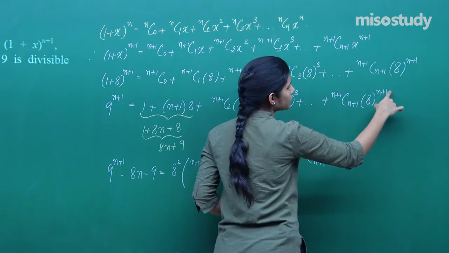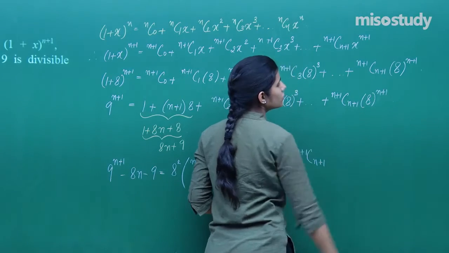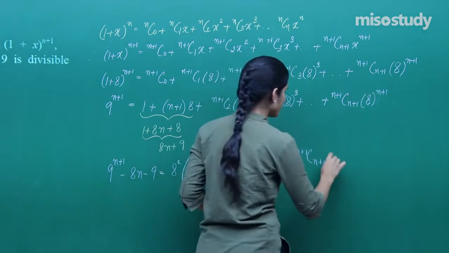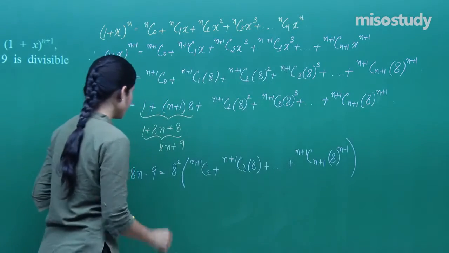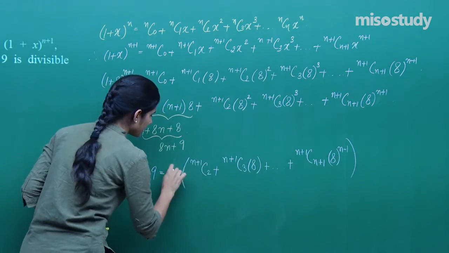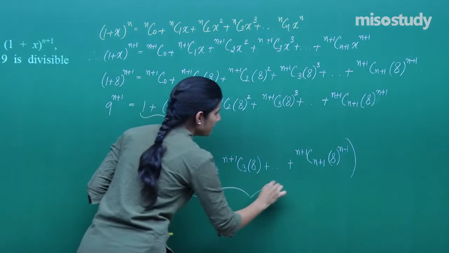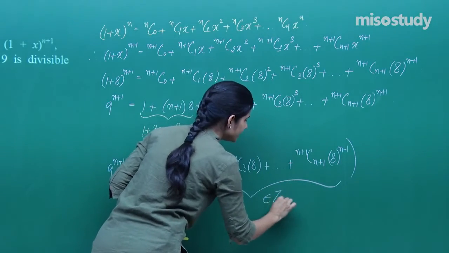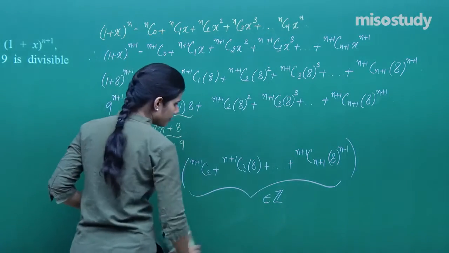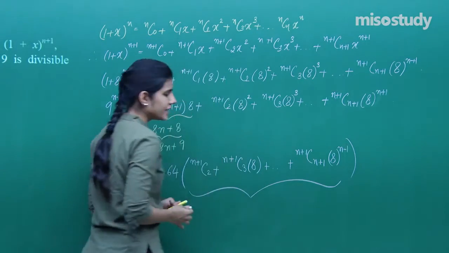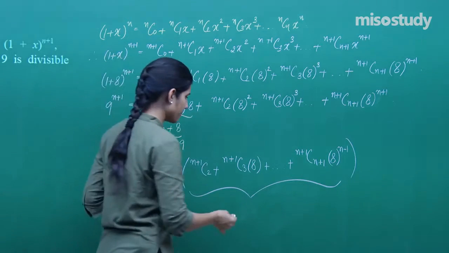From 8 to the power n plus 1, 2 have come out, so n plus 1 minus 2, that is n minus 1. What is 8 square? 8 square is nothing but 64. This complete expression, you know, is an integer, or rather you can even say it is a natural number, because you know that nCrs always give natural numbers as values.